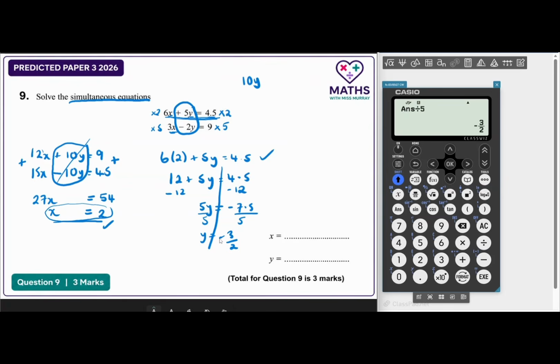So you can give your answer as a fraction or as a decimal. So then I just pop those on my answer line, 2 and negative 3/2. And if I've got both of those correct, that is where my third mark comes from. If you want to see it done with me changing the x's, let me know and I can record that as well, but we'll leave it there for now, and that is 3 marks for question 9.